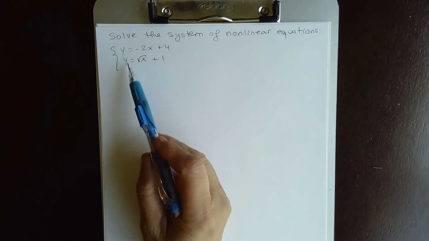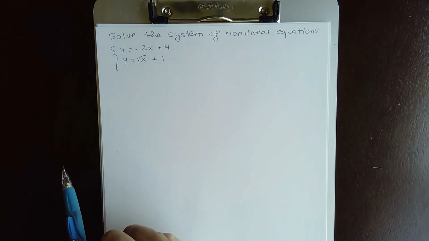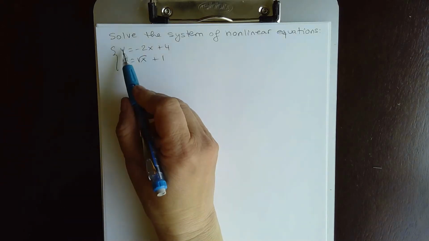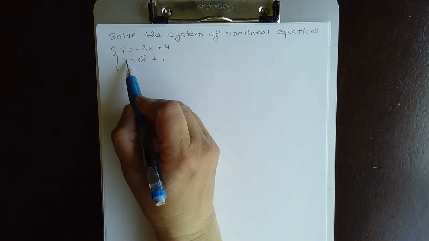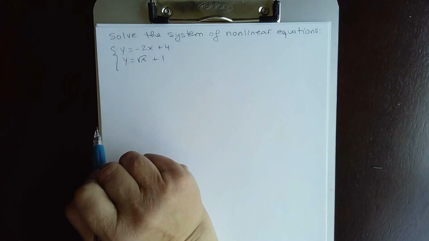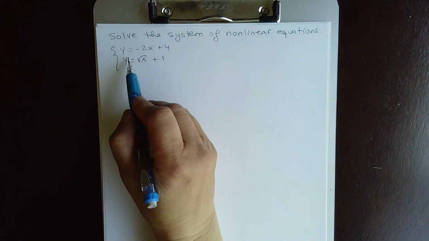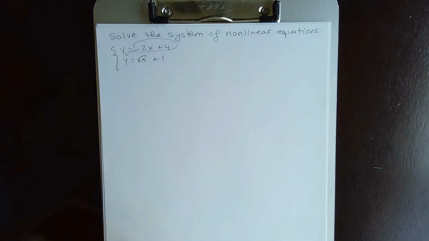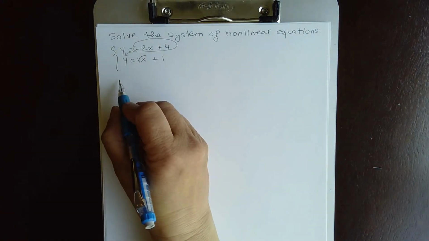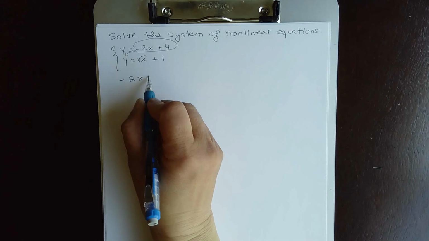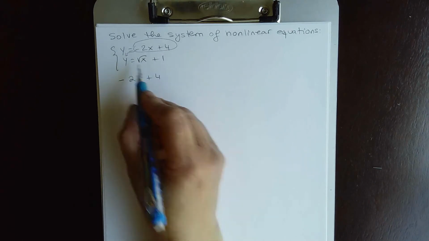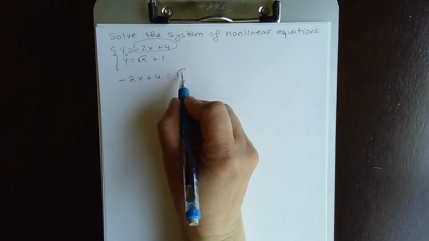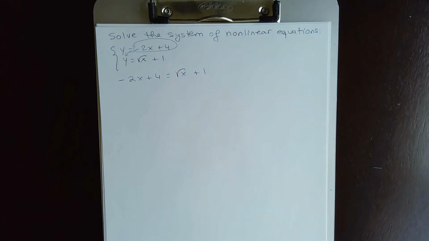We can solve the system using substitution because we have y equal to y. So we set them equal to each other. We replace this y with the value in here. So we have negative 2x plus 4 equal to the square root of x plus 1.